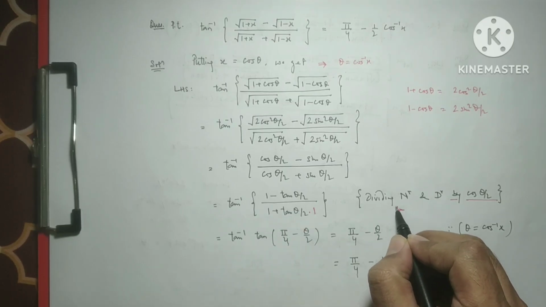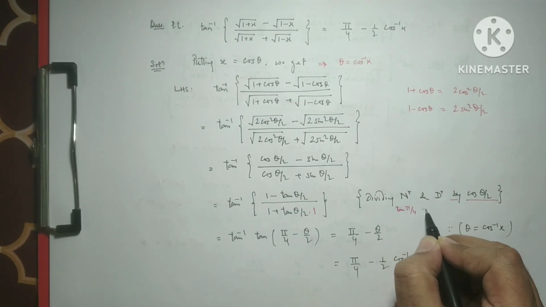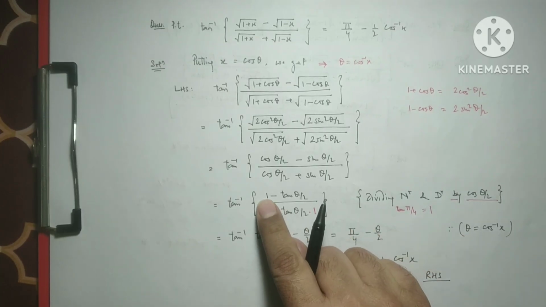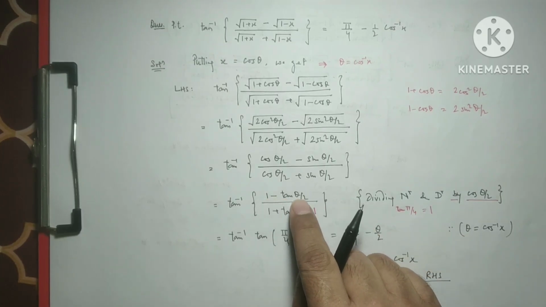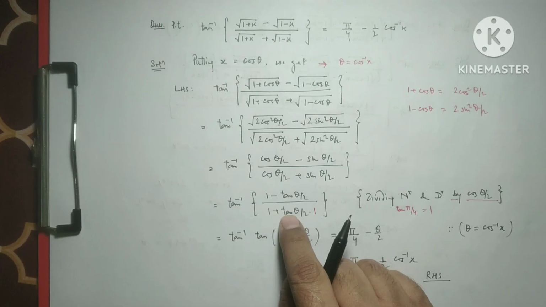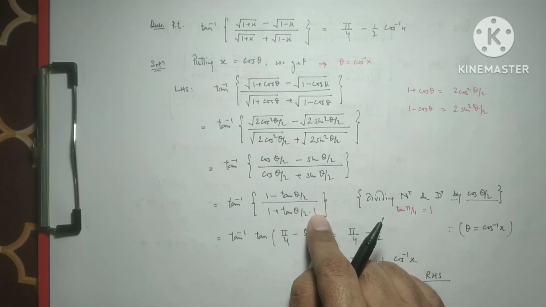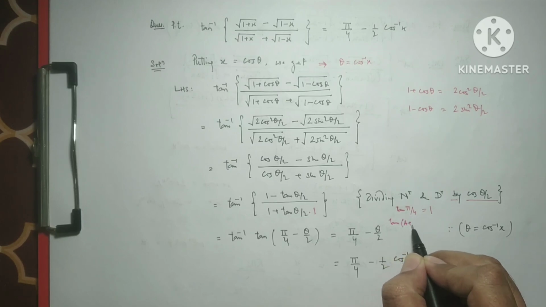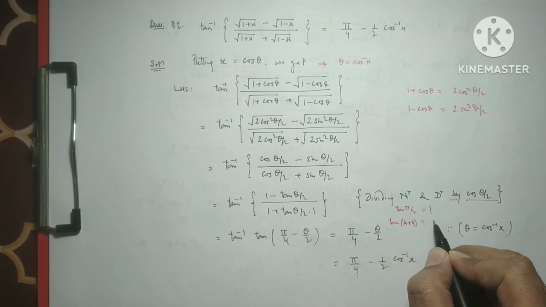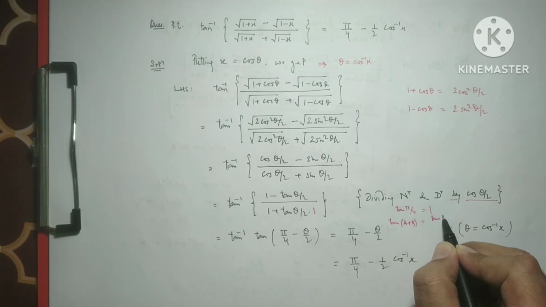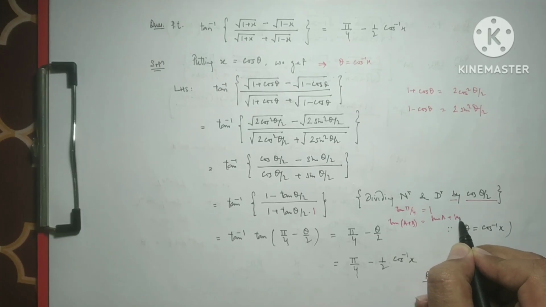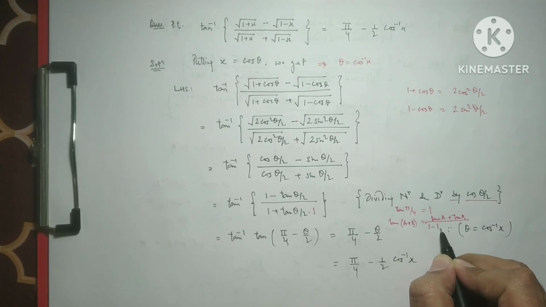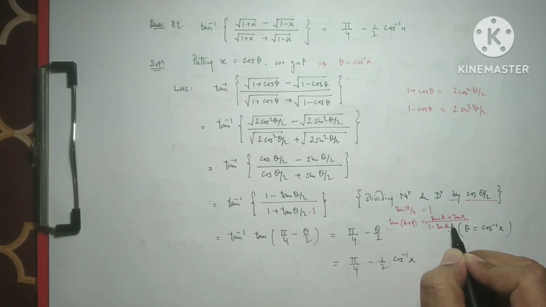So when we put here tan pi by 4 minus tan theta by 2 over 1 plus tan theta by 2 into tan pi by 4, this becomes the formula of tan A minus B. According to the formula, tan A plus B equals the sum of tans, tan A plus tan B, divided by 1 minus the product, tan A into tan B.